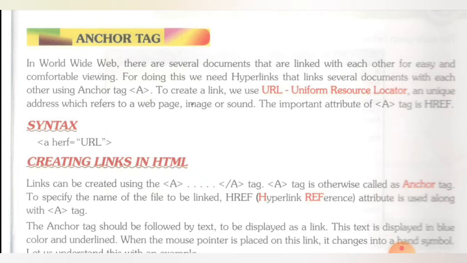Anchor tags are created by using the tag a and then href, that is reference, equal to URL, uniform resource locator. When you click on that particular word, it decides which page will be displayed. So the anchor tag is used to create a link between pages.